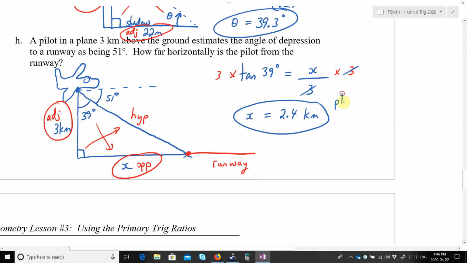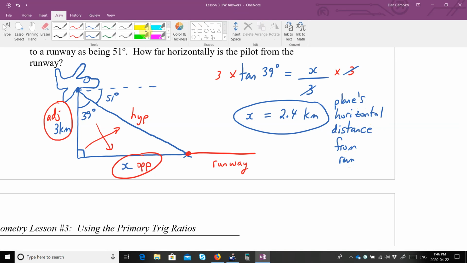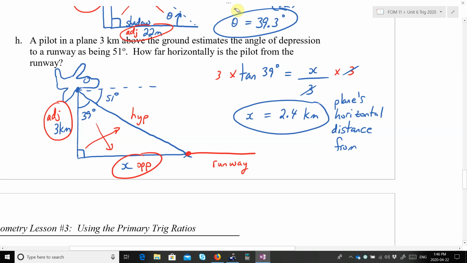Okay, and so this is the plane's horizontal distance from runway.